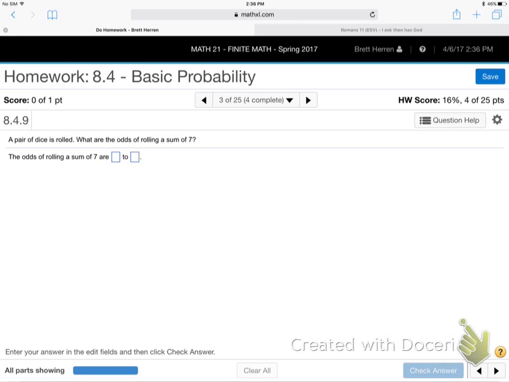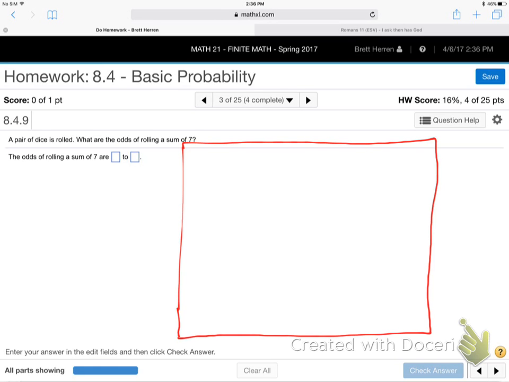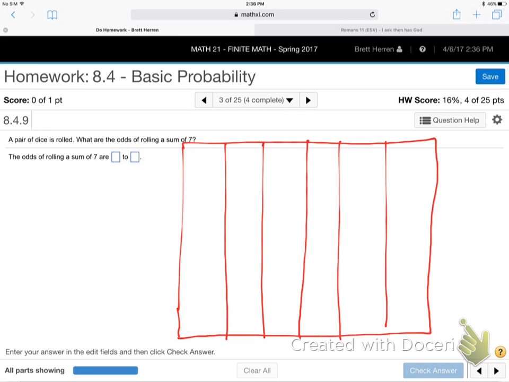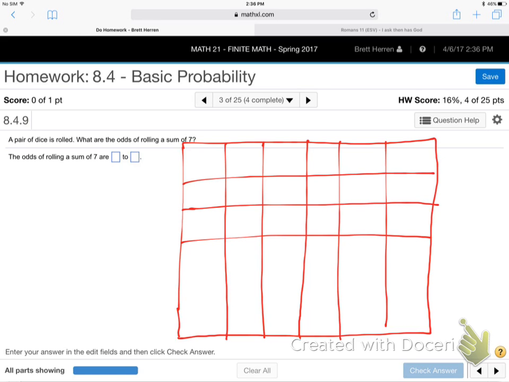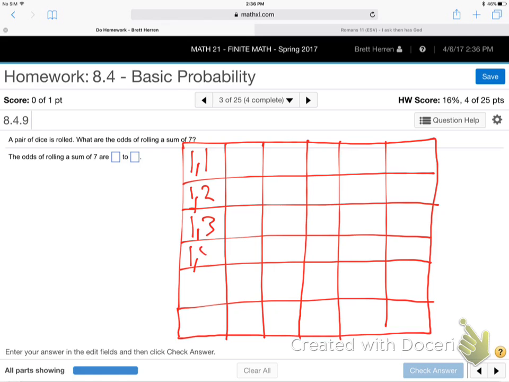Okay, so I'm going to lay out a whole chart here. And this is going to be 1, then 1, 1, then 2, 1, then 3, 1, then 4, 1, then 5, 1, then 6, 2, then 1, 2, then 2, 2, then 3, 2, then 4.